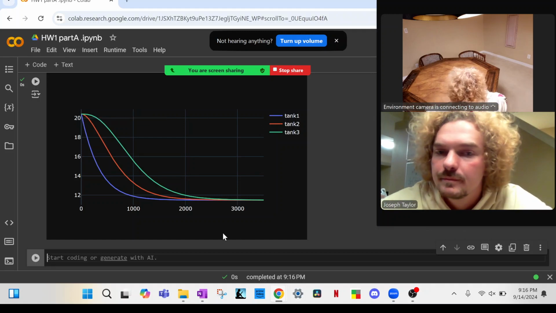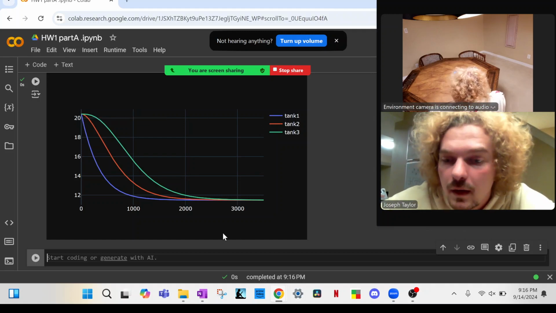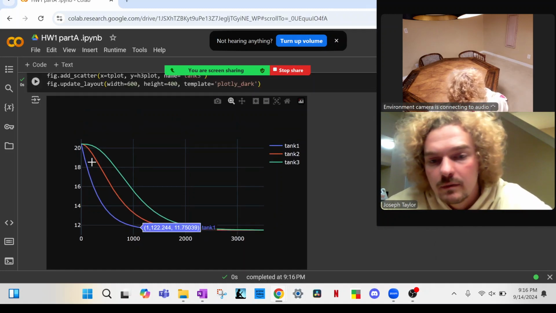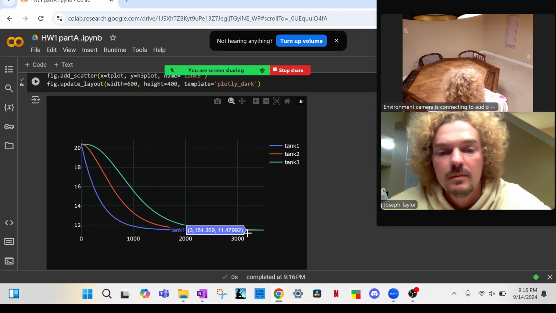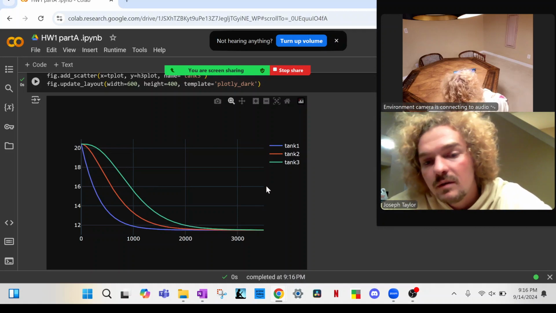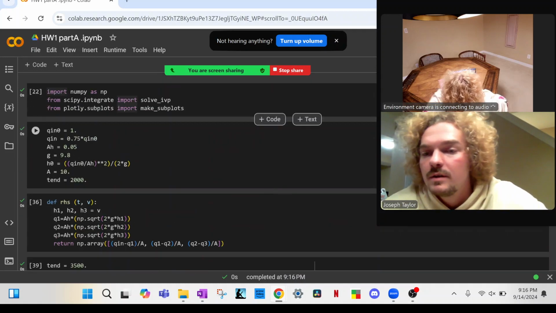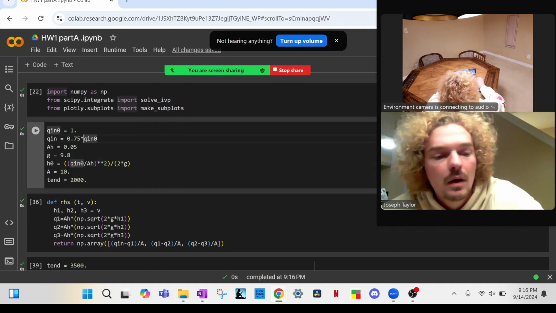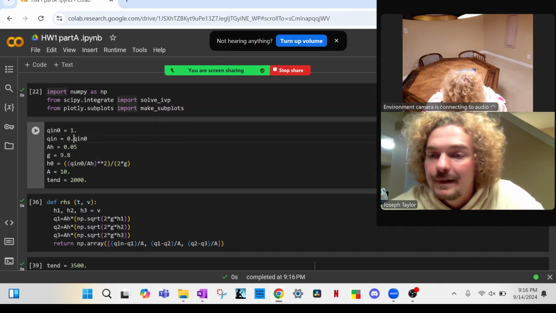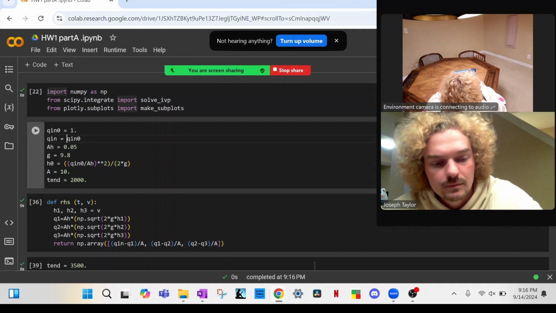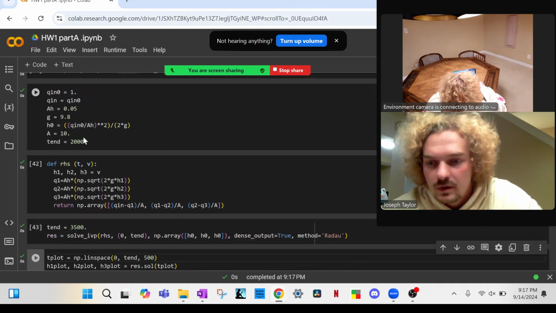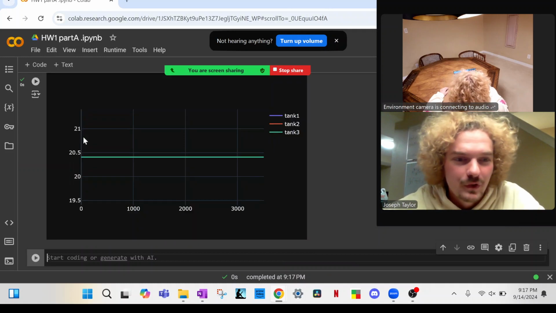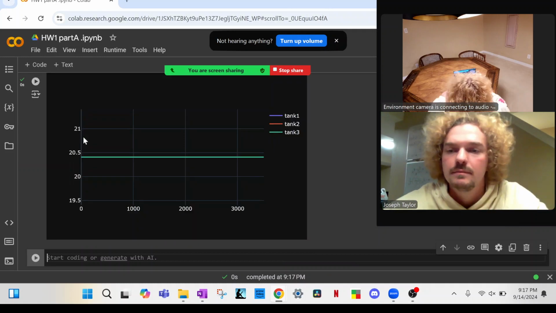So as you can see, that's what the graph looks like. All of them reach equilibrium right around there. And then just to show what they look like in steady state, pretty predictable, straight line. So they're all steady state.